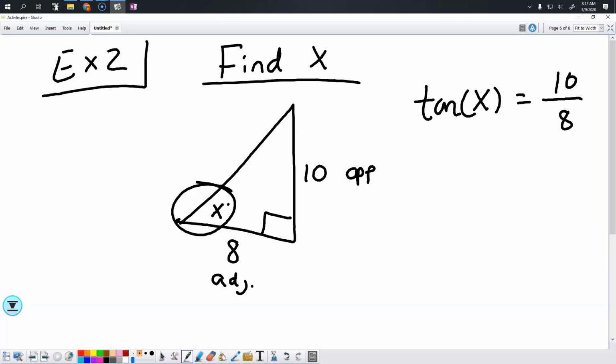Okay, so for these ones, it looks uglier, but it's actually a little bit easier on the math side for solving it. We want to get rid of tangent. So what we're going to do is arctan both sides.